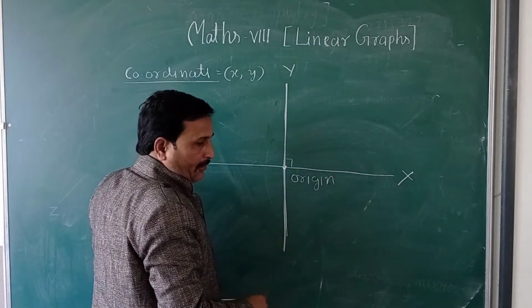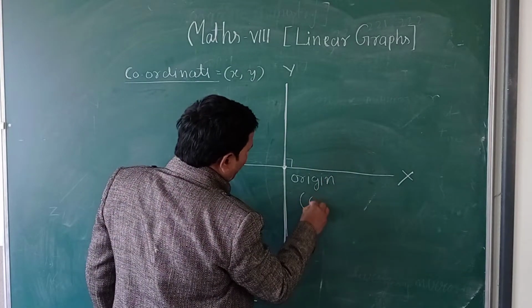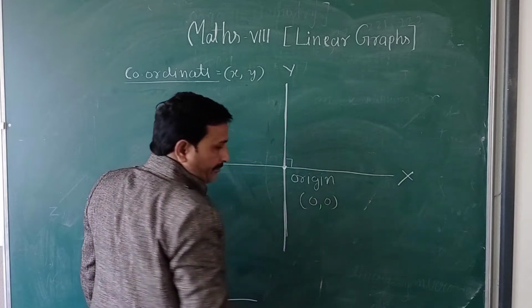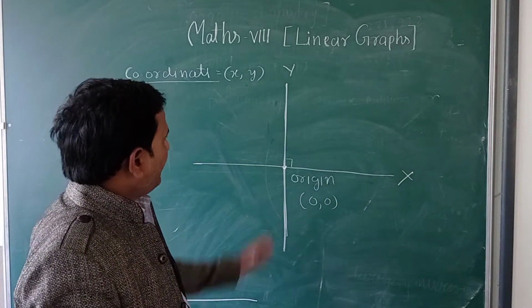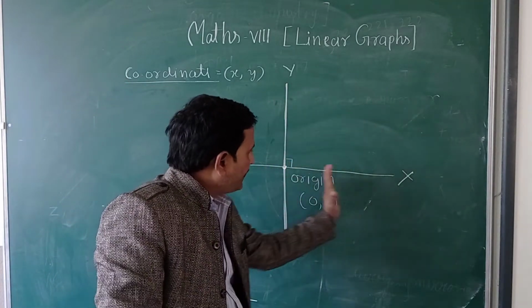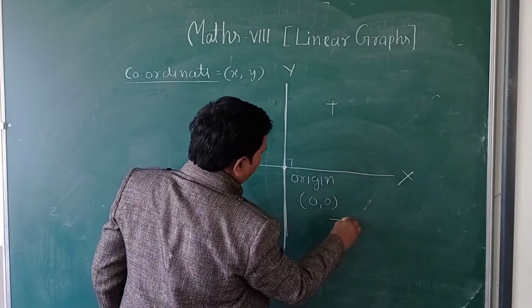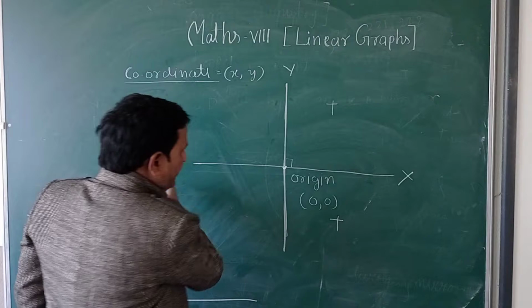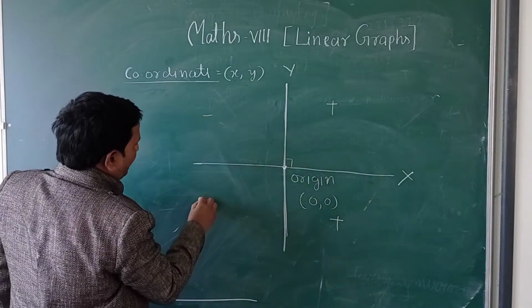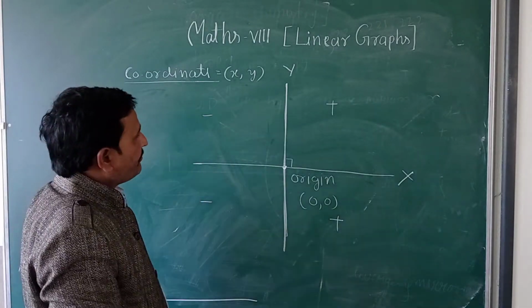The coordinate of the origin is (0, 0). This is the x-axis: here the x value will be positive, and here the value will be negative.